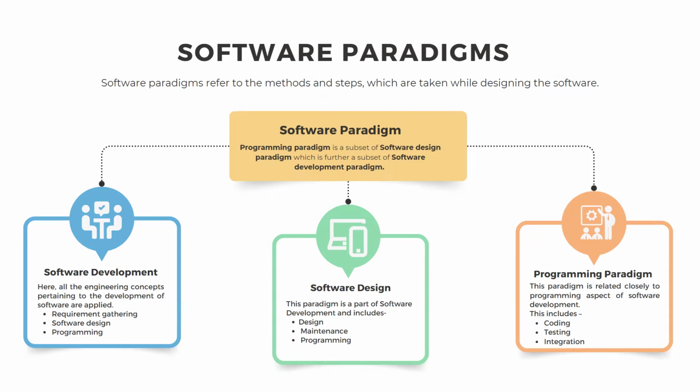After this comes the programming paradigm, which is related closely to the programming aspect of the software development. This is the place where the team is actually writing the code, testing it, and dividing the code into different modules. So they break a large software into smaller modules, and these smaller modules are developed by different teams, and these teams will complete their part, and then finally it will be integrated into a complete software.